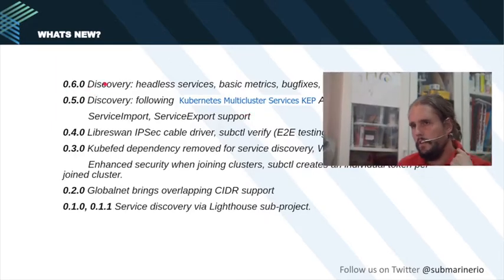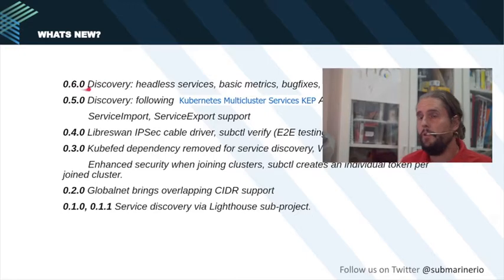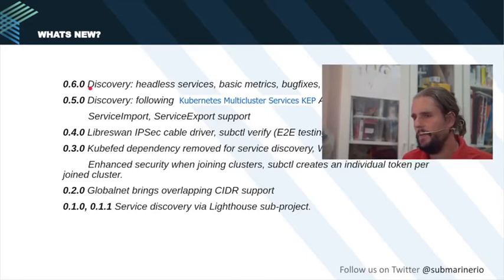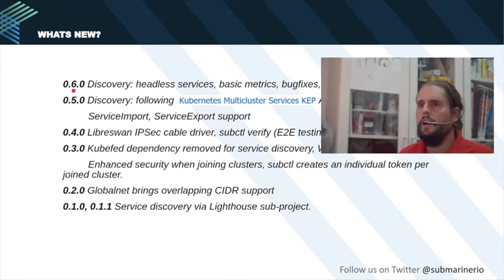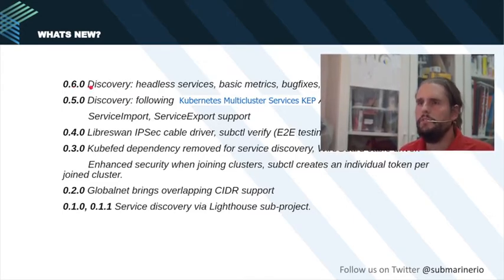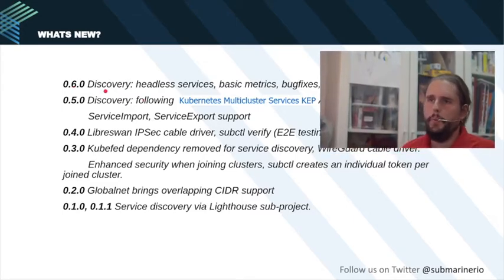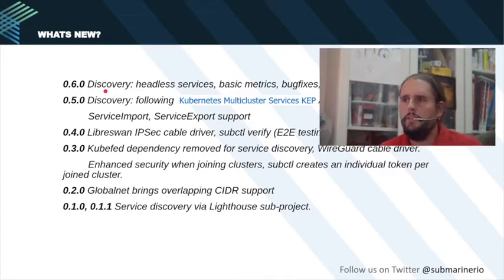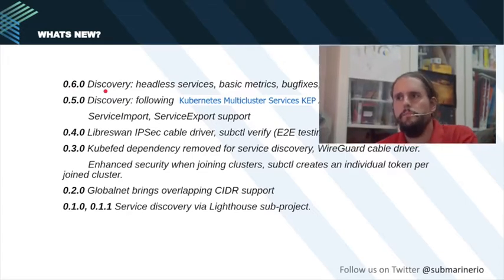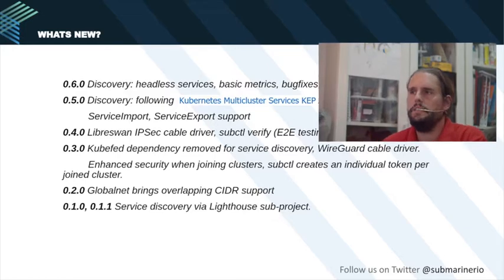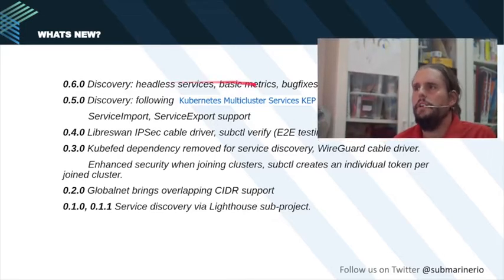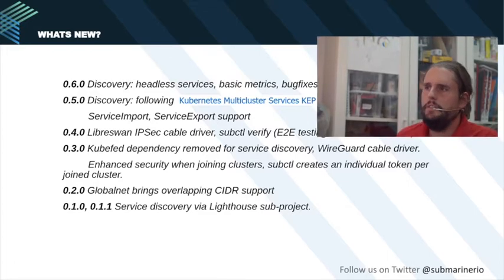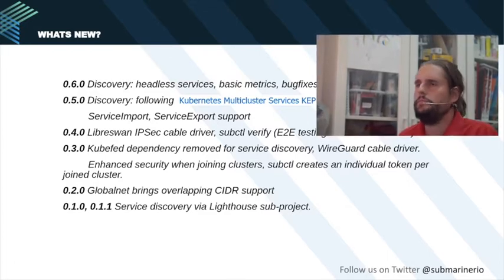And the latest release, probably when you see this presentation it will be 0.7, but for the 0.6 release, we have been working on support for headless services and basic metrics, some bug fixes, and support for Kubernetes 1.17.